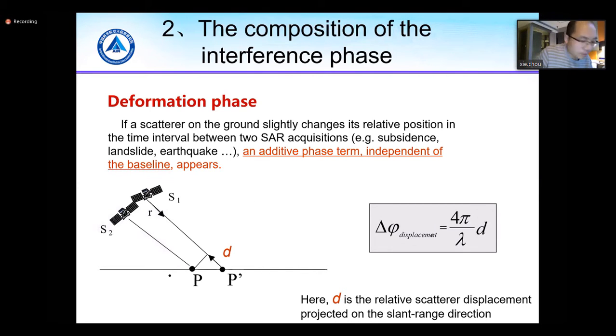This is called deformation phase. The formula of the deformation phase is very simple.